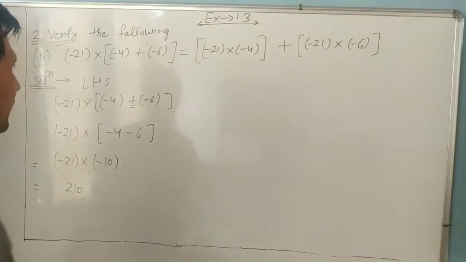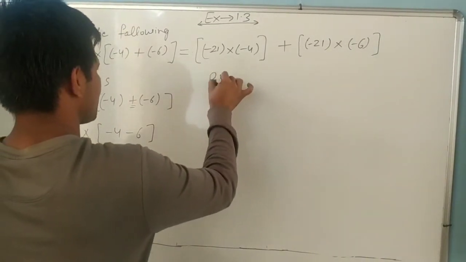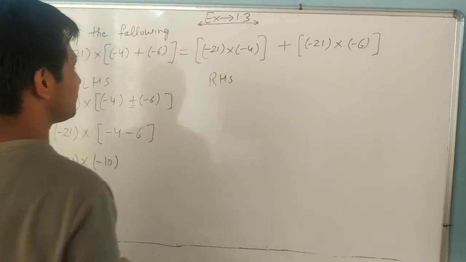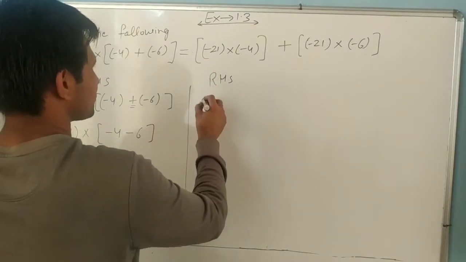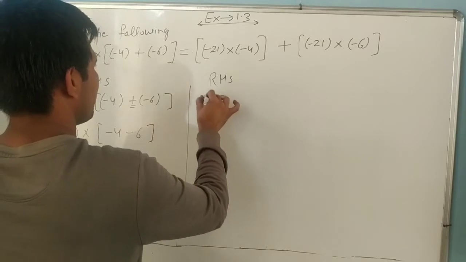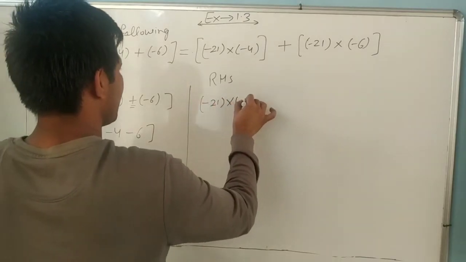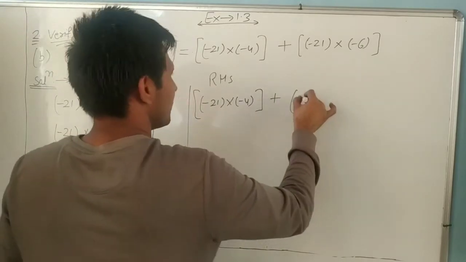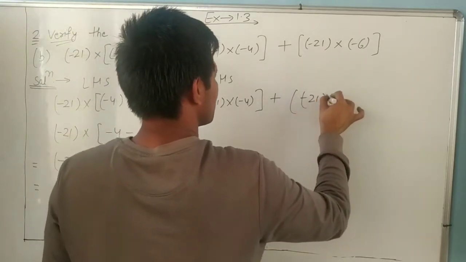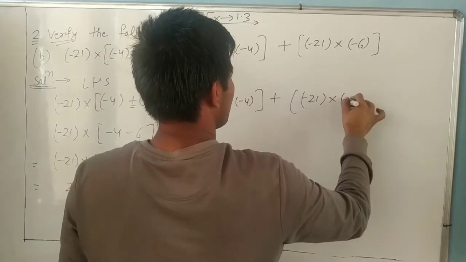Now we will find the RHS. It is given as minus 21 multiply minus 4, close bracket, plus minus 21 multiply minus 6.